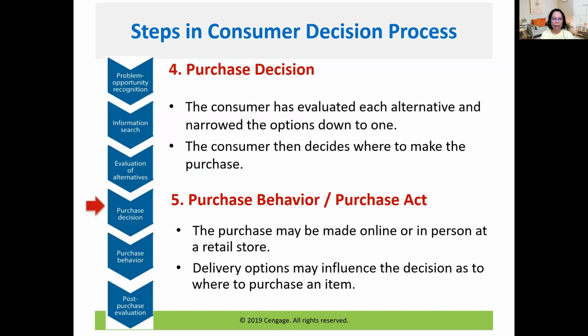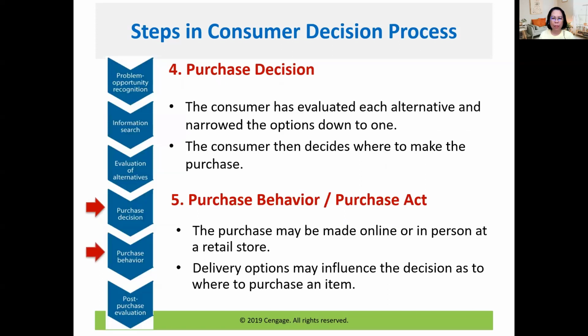Next is the purchase decision. The consumer has evaluated each alternative and narrowed the options down to one. The consumer then decides where to make the purchase. So at this point, John has decided on choosing Yellow Cab. The next step is the purchase behavior or the actual purchase act.